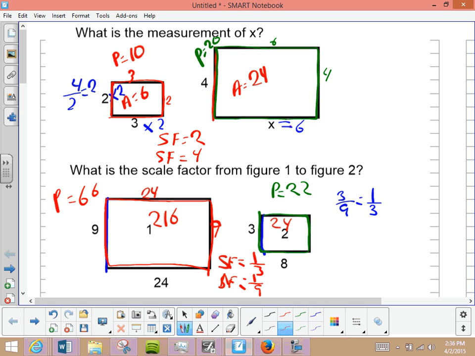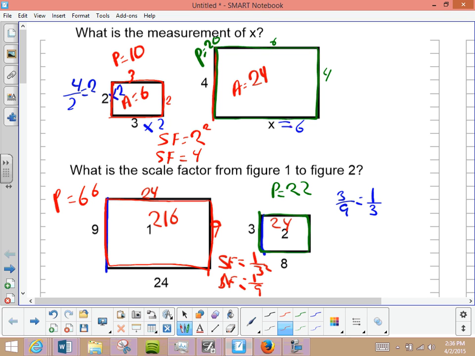What is the relationship there between the scale factor for the regular and the scale factor for the area? What do we call that when you do that? We square it. Hang on. For the scale factor?